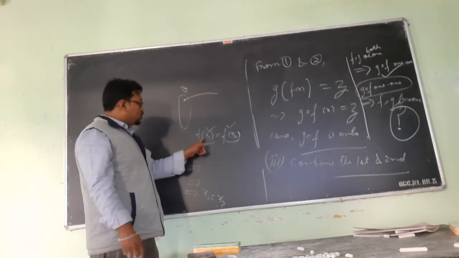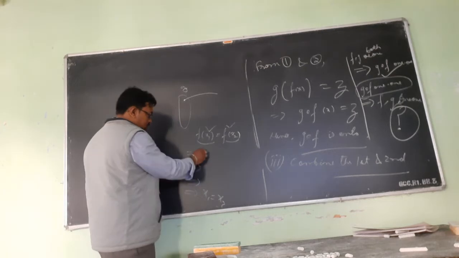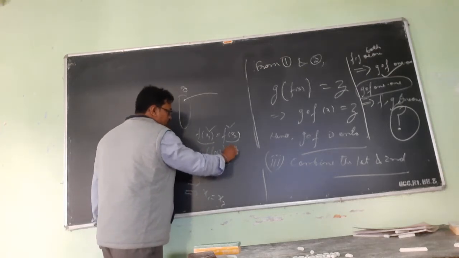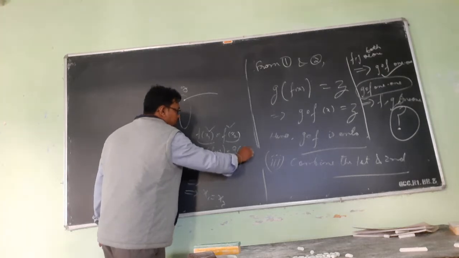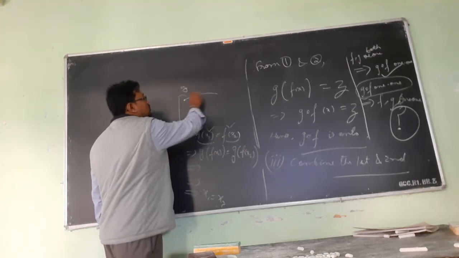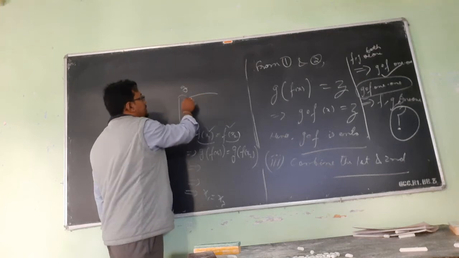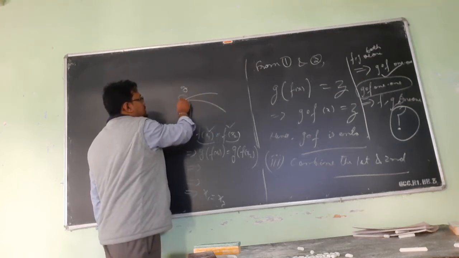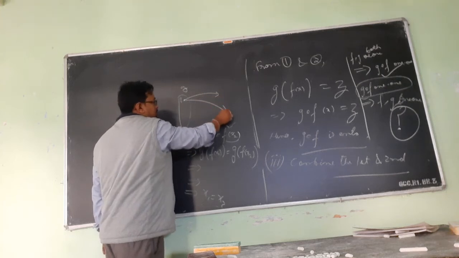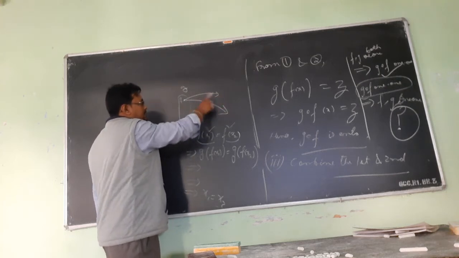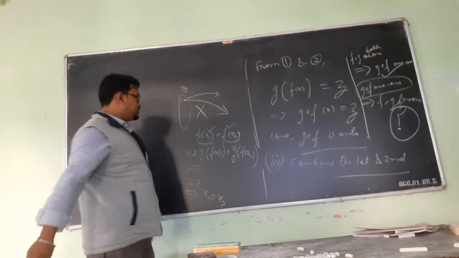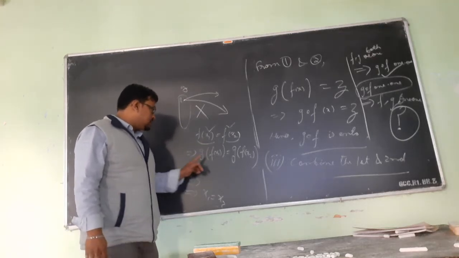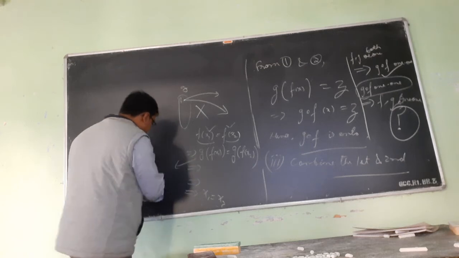So if these two are equal elements, I can take g of f of x1. This will be exactly equal to g of f of x2, because every element goes to a unique element. It cannot happen that g of f(x1) is this and g of f(x2) is something else.